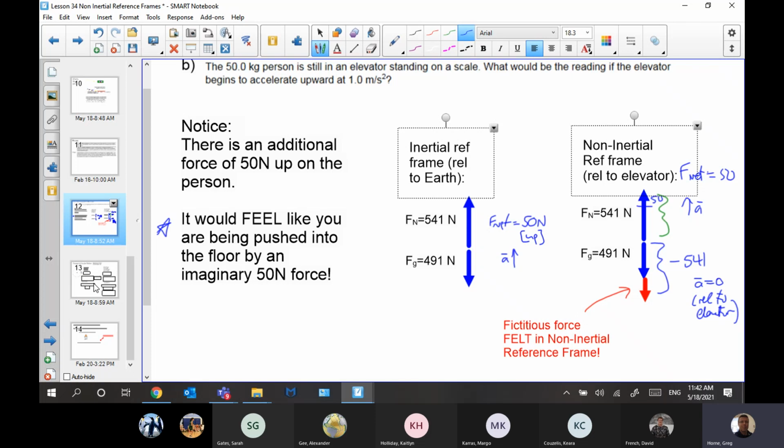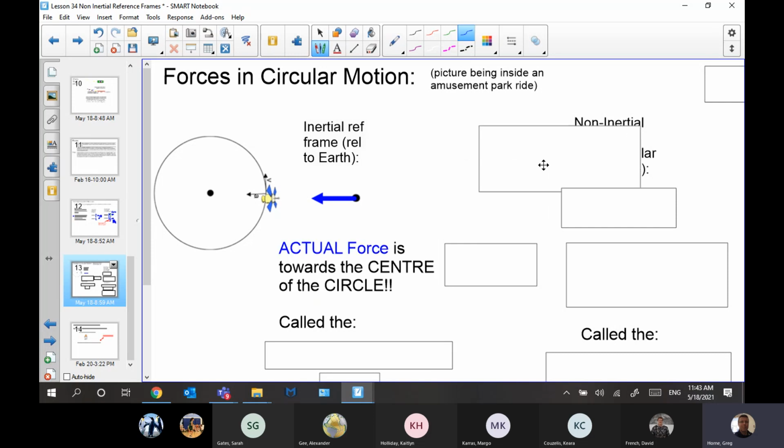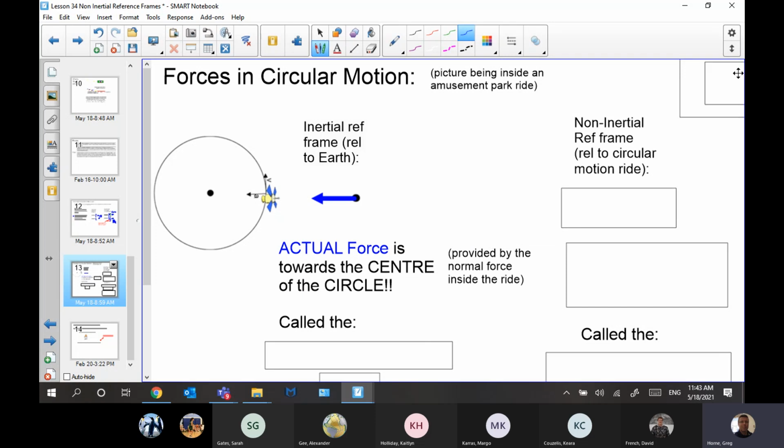Anyway, the idea of including these fictitious forces continues for us, right? The inertial reference frame for this circular motion stuff, back to the one we're trying to tackle, would just be that. You've got a force towards the center, so the actual force is towards the center. It's provided by the normal force inside the ride, or the string that's holding it to the center, however you want to think of it.